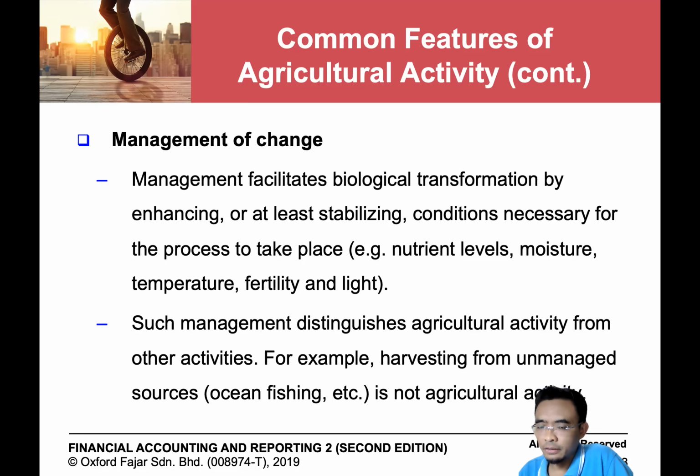So in that case, it is considered as agricultural activity. We create a cage in the middle of the ocean, or at the edge of the ocean, near the beach. So it is in the ocean, but it's managed by the entity, so it is considered as agricultural activity.